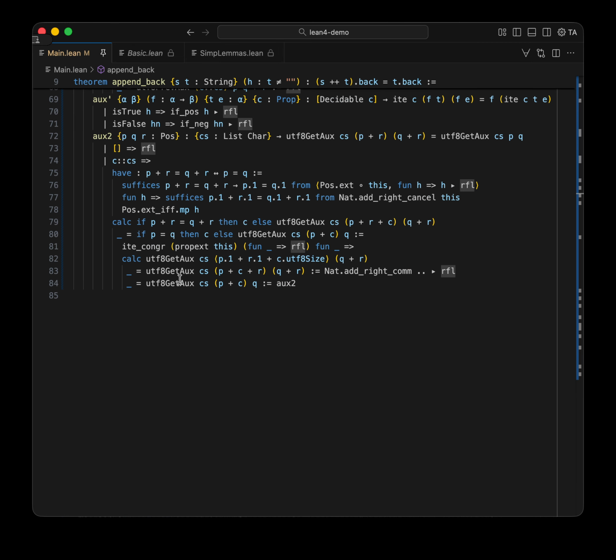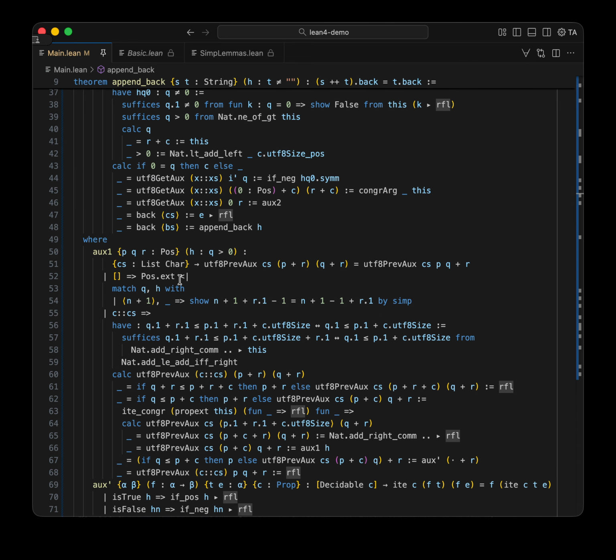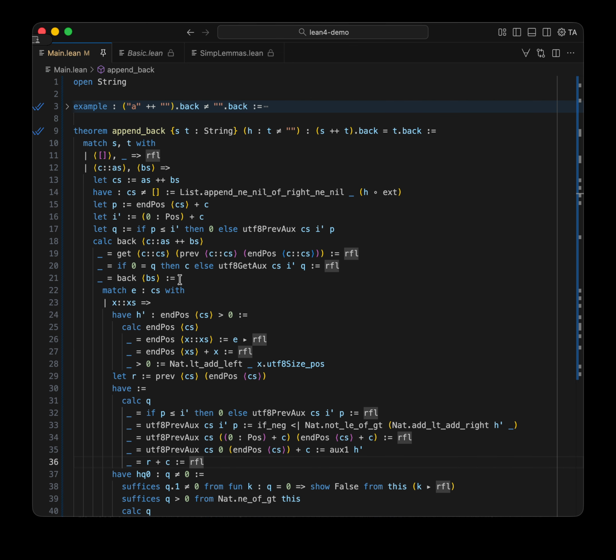Line 9. Started with line 9. Looks a bit too long. It should be shorter if one has a better proof strategy.